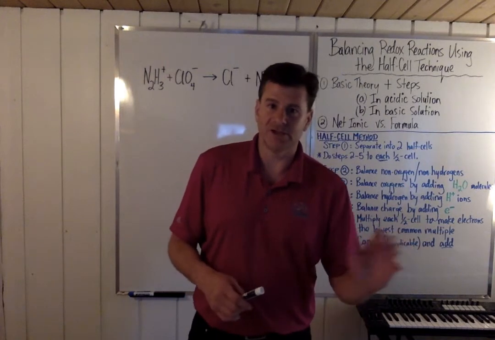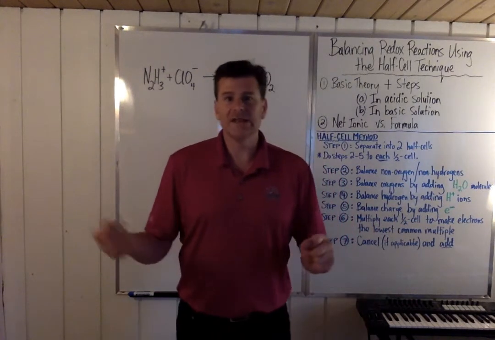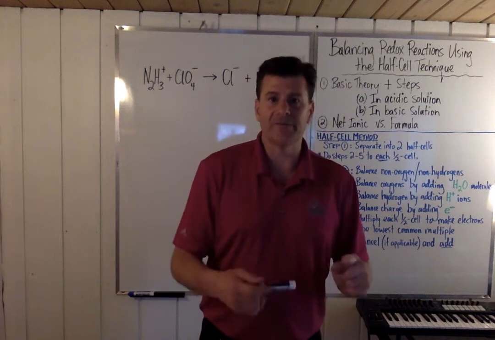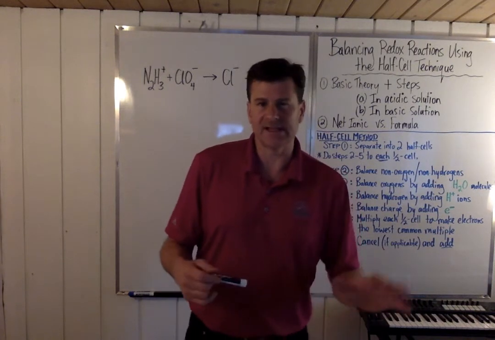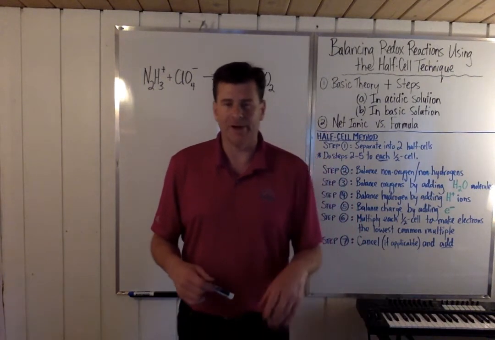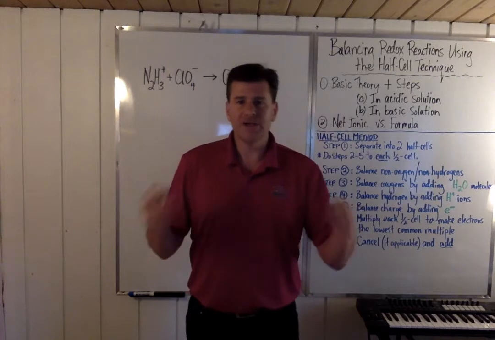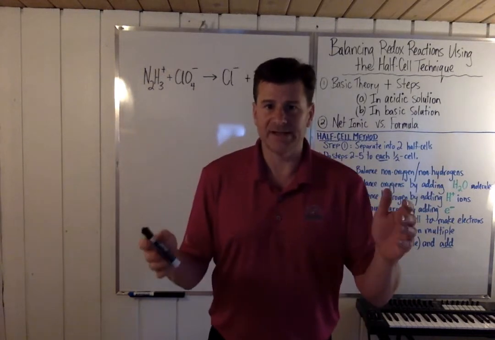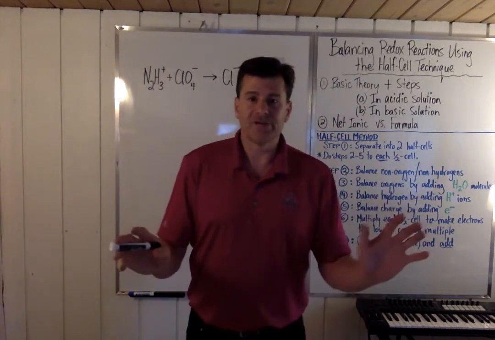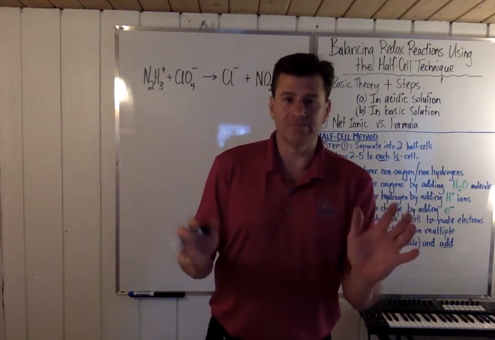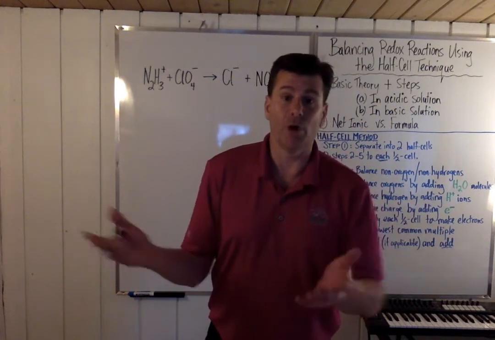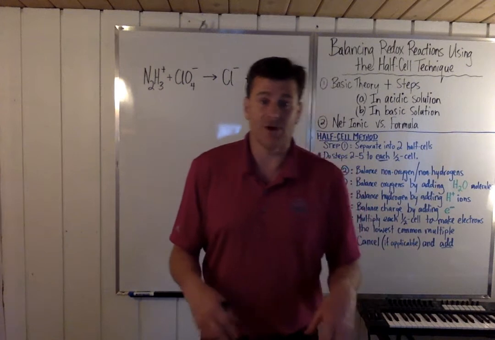You'll be able to go faster. However, it's a little bit harder to learn how to balance a half cell reaction. It takes a little bit more doing to figure that one out. So each one has its pros and its cons. Whichever method you decide you're going to end up using, maybe you'll use both depending on what the situation calls for.